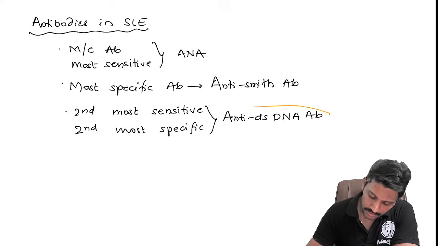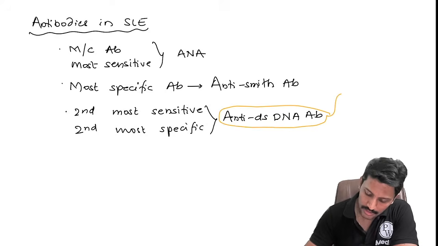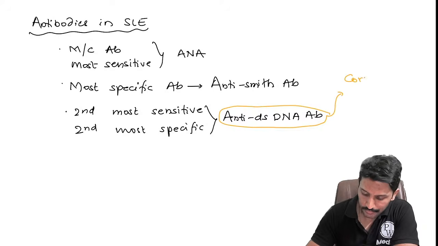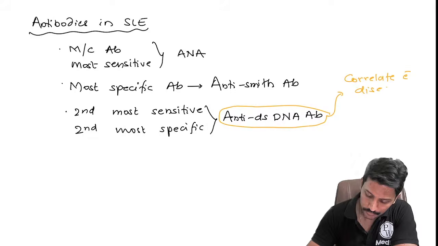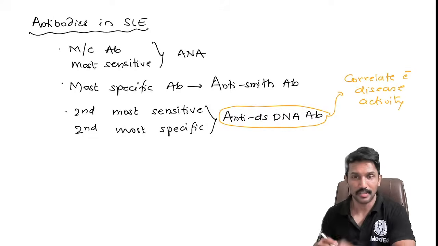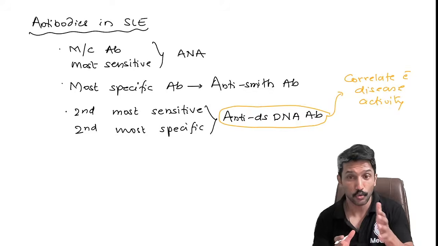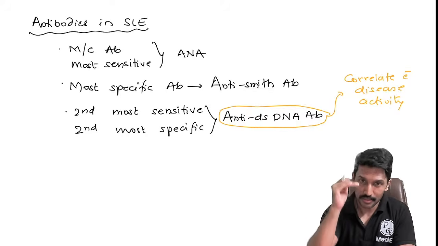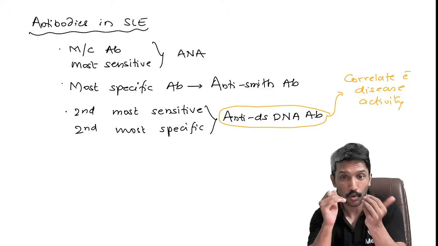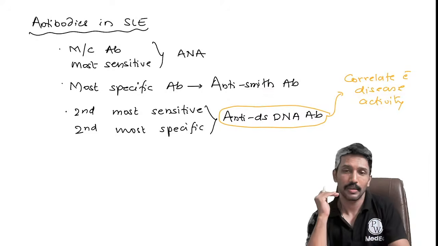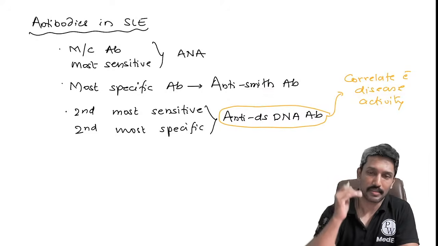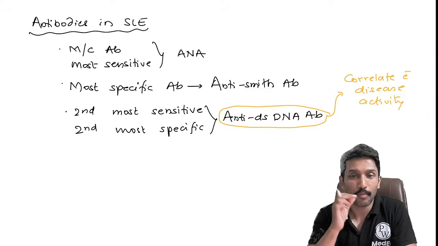Extra point about anti-dsDNA antibodies is that the titers correlate with disease activity. So if I've started treating SLE and if the treatment is going well, the anti-dsDNA titers come down. If treatment is not going well or disease is getting worse, the anti-dsDNA titers increase. I can't say the same about ANA.